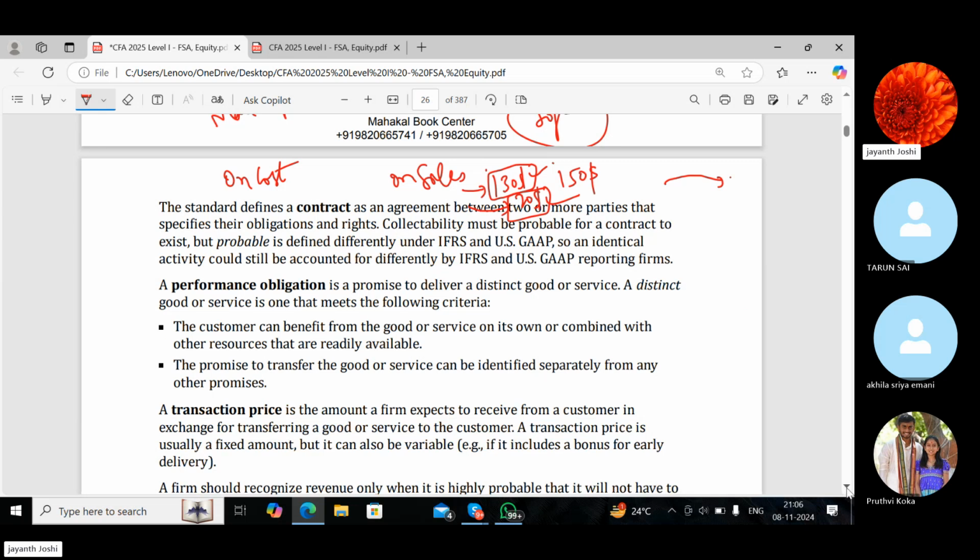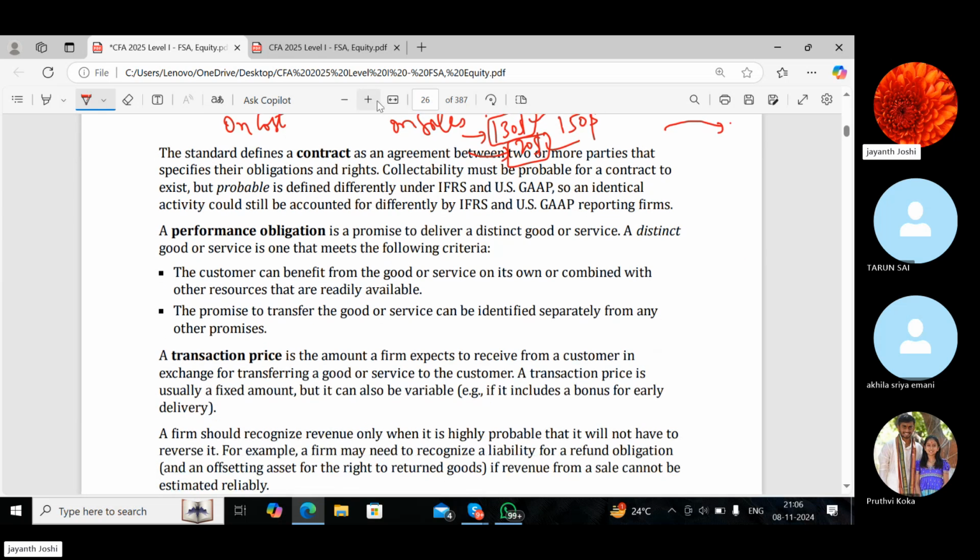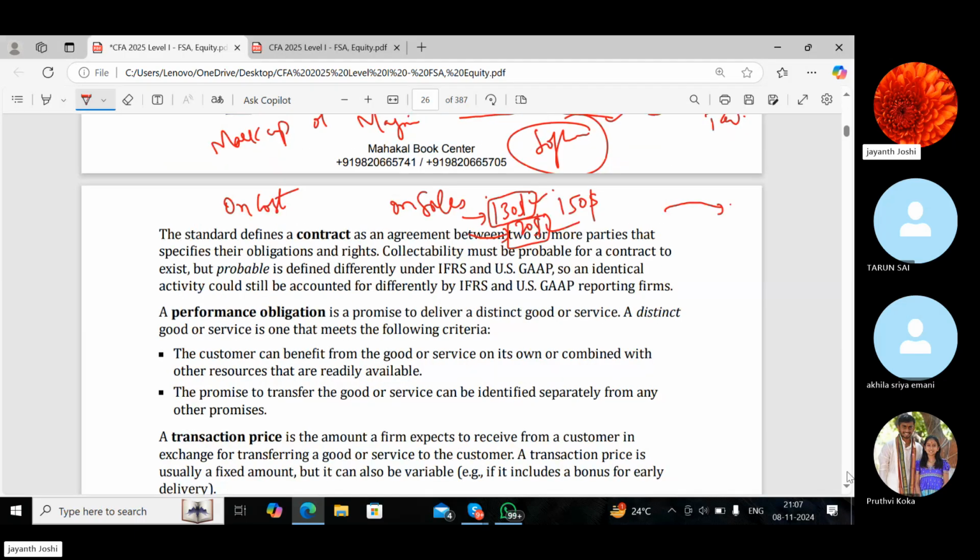So let's now understand all these points. Please give a reading to these points which I have mentioned right now.